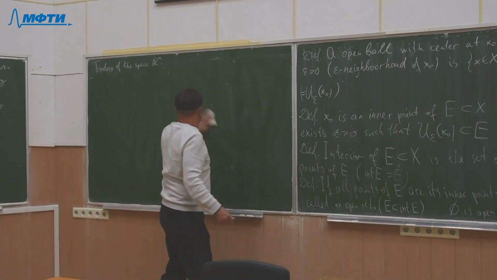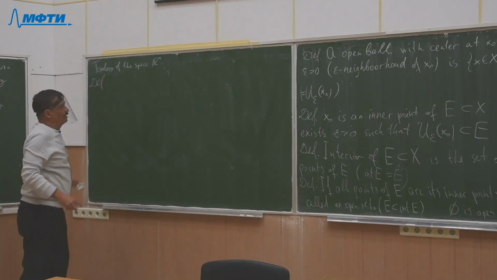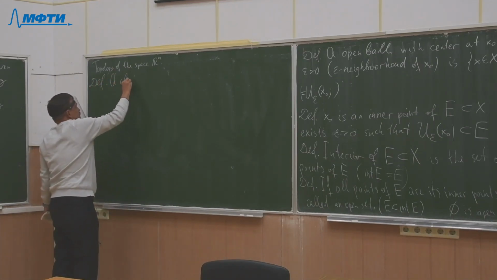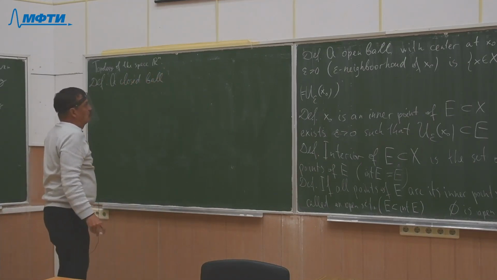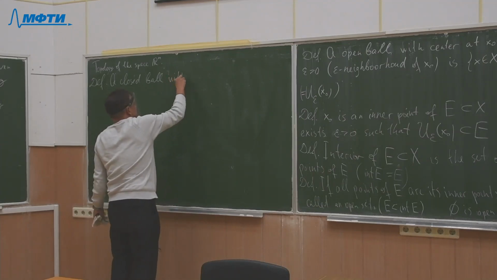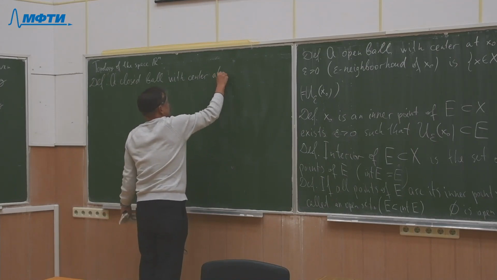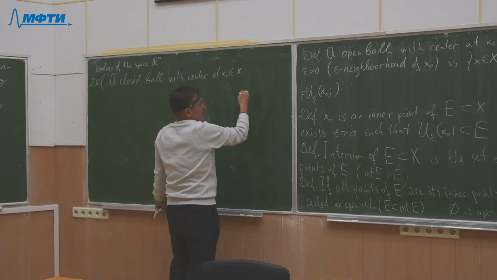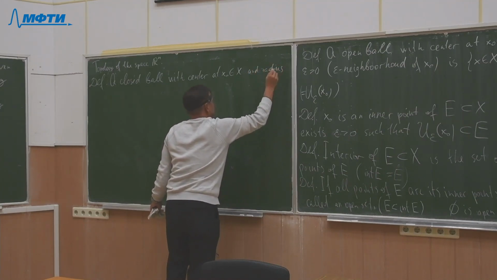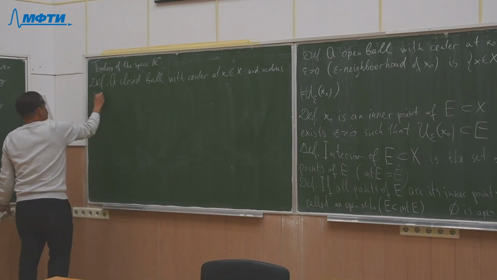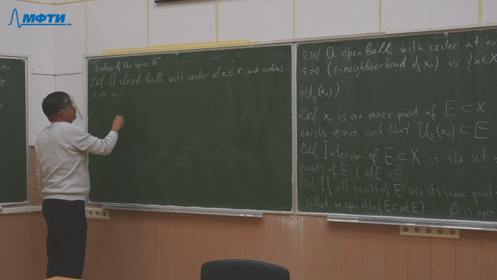So definition: a closed ball with center at x naught in x and radius epsilon greater than 0 is the following.